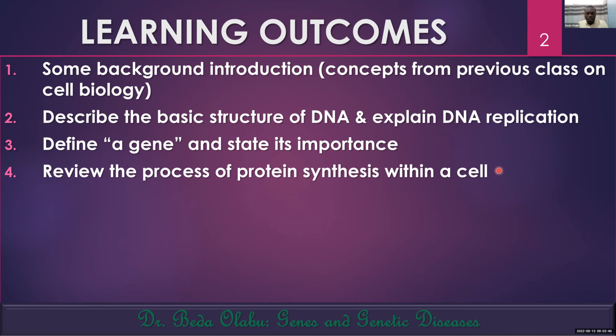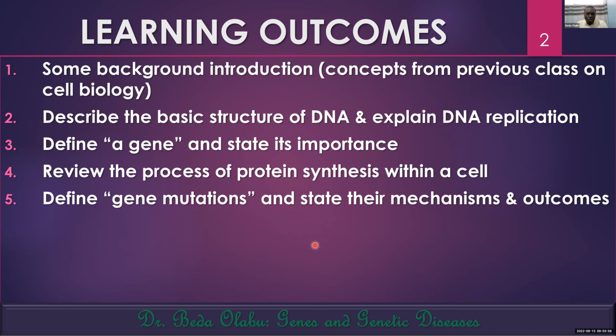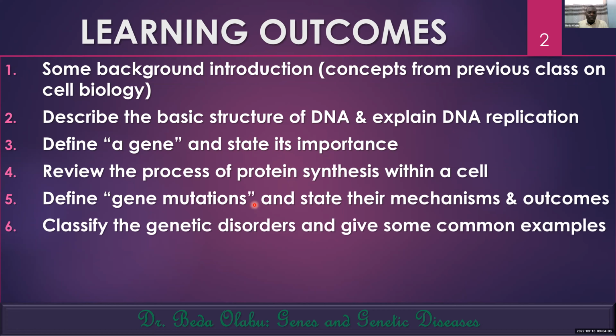We will also review the process of protein synthesis because it has some implications on today's class. Then we look at gene mutations and state the mechanisms and outcome of gene mutations. Then we'll classify genetic disorders and give some examples for each category.